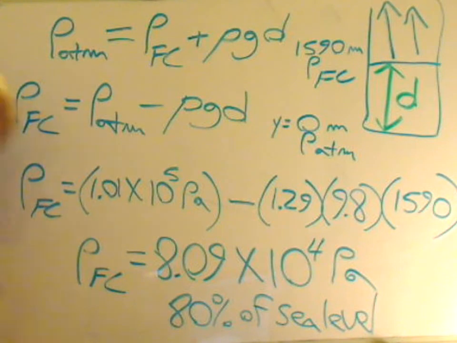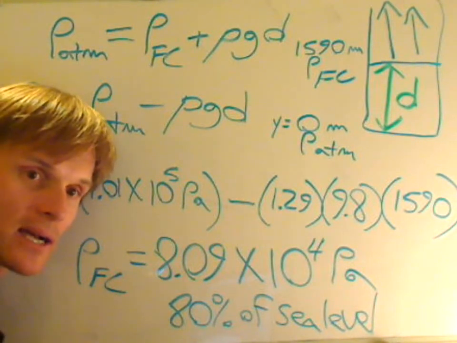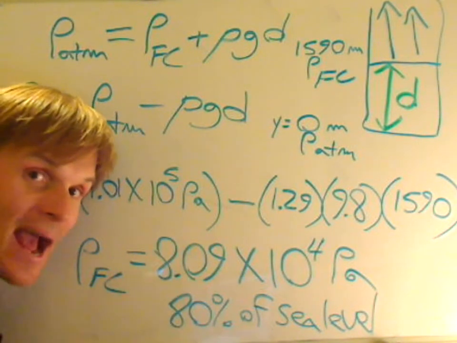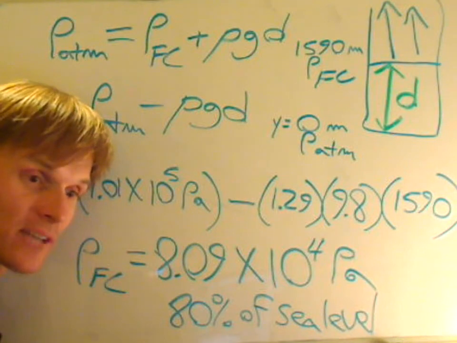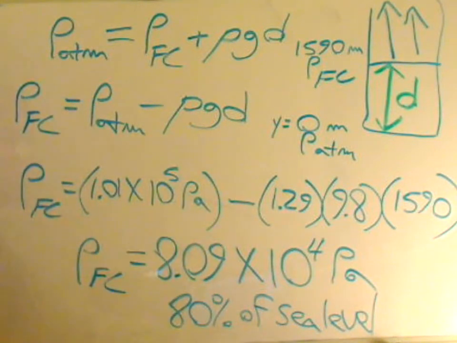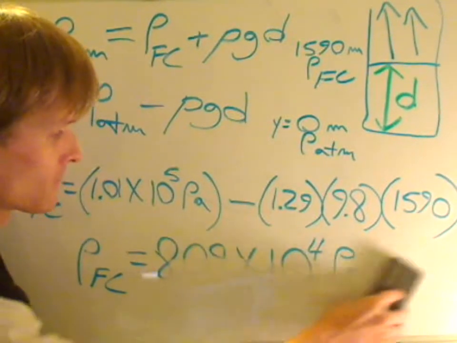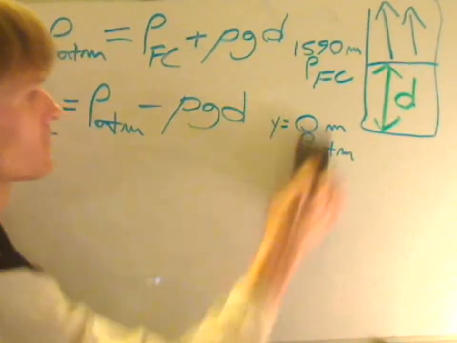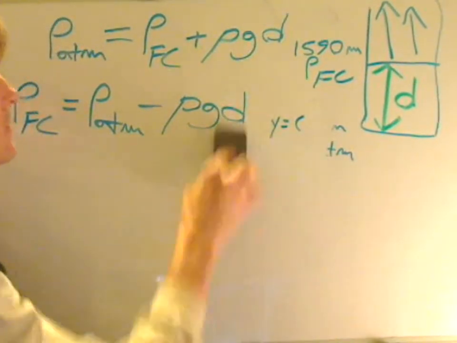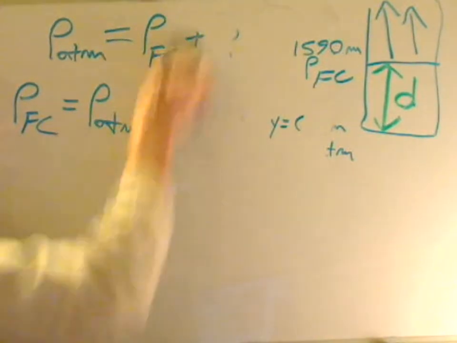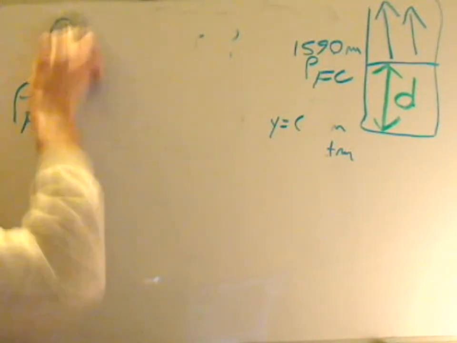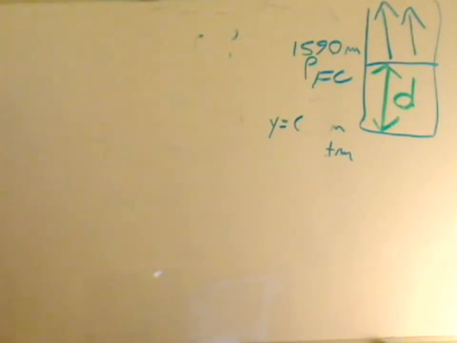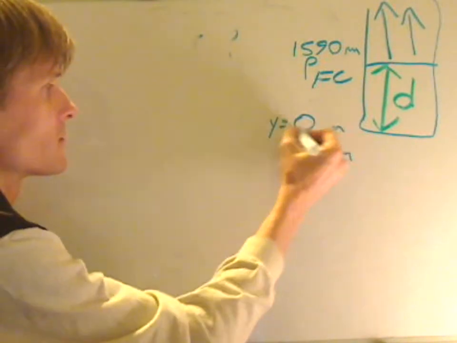Part B, we are asked to calculate the height in the atmosphere where we have half of sea level atmospheric pressure. So we're going to need to erase this stuff here. Okay, I didn't really need to erase this, this is still going to be useful.